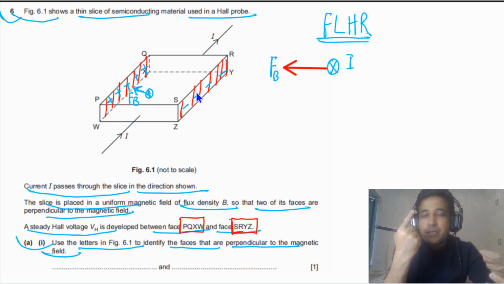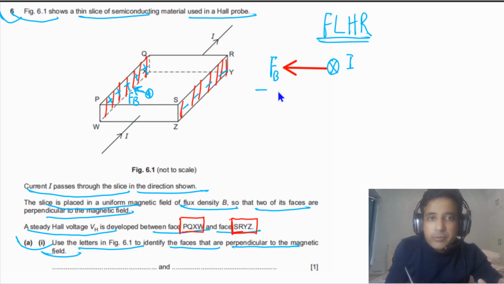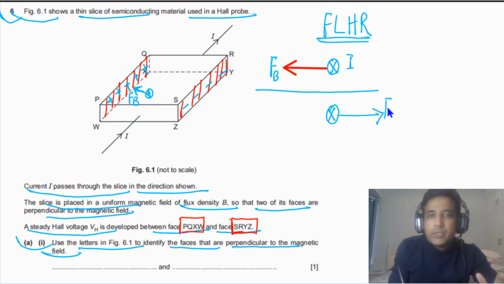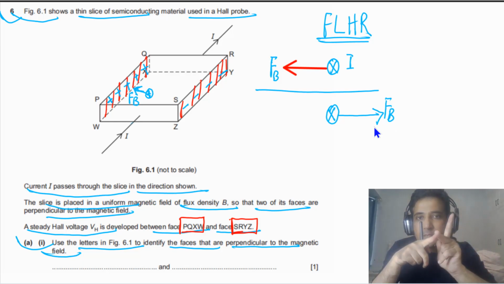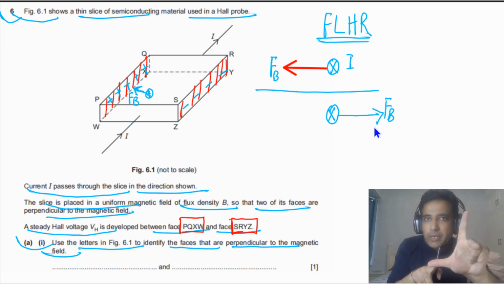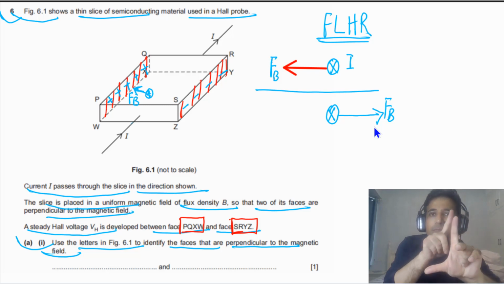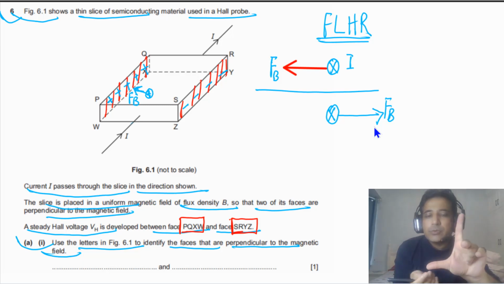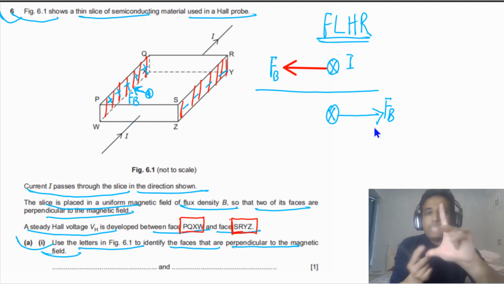Let me write the second situation. Current is into the page. If the magnetic force is to the right, this will be easy for you to understand. In this case, current is into the page and the magnetic force is to the right, so the magnetic field is pointing up. And vice versa is also true. If force is to the left, the magnetic field will be down.